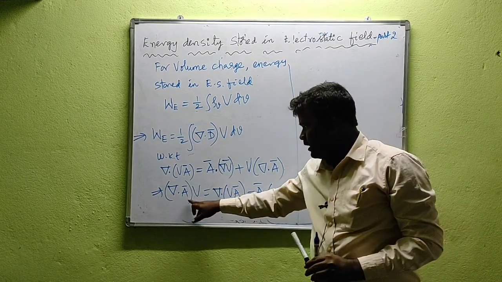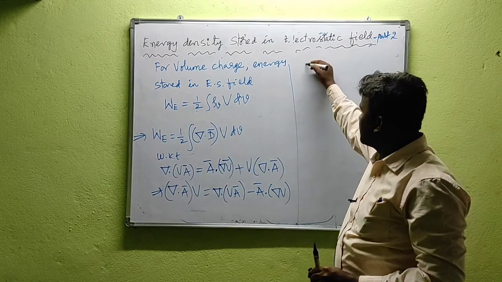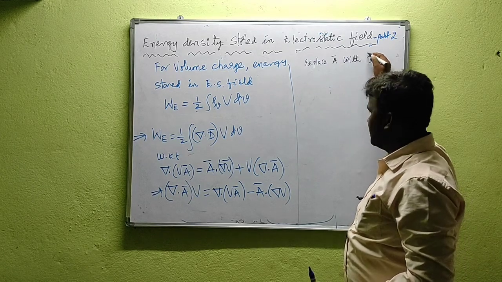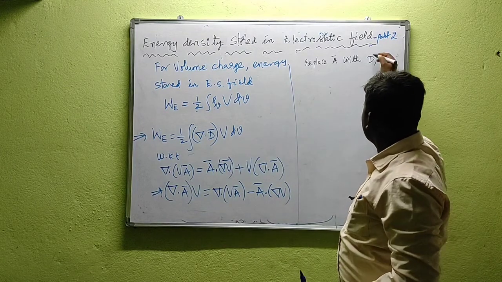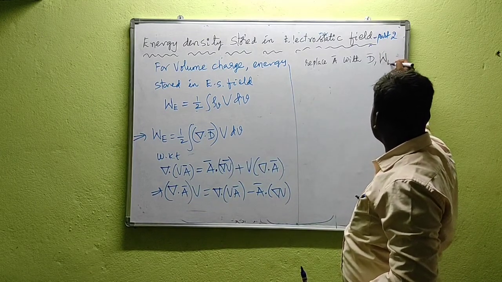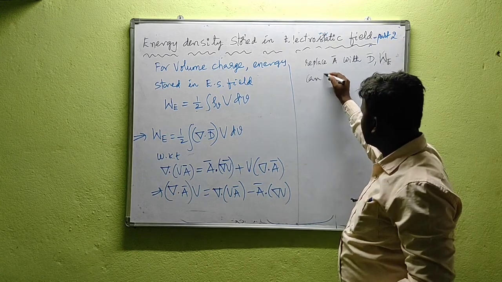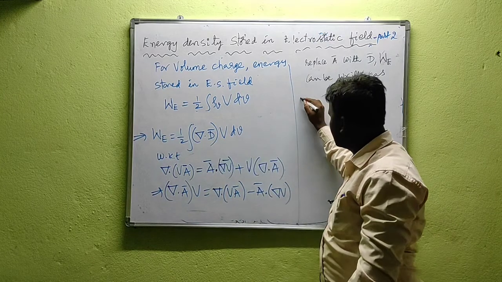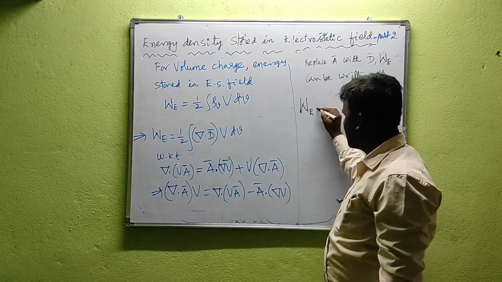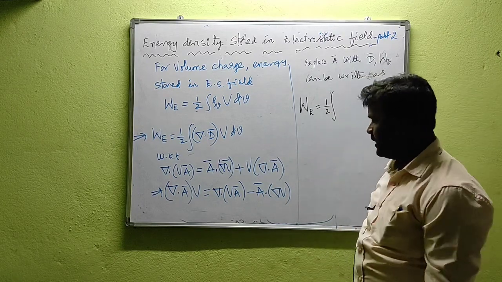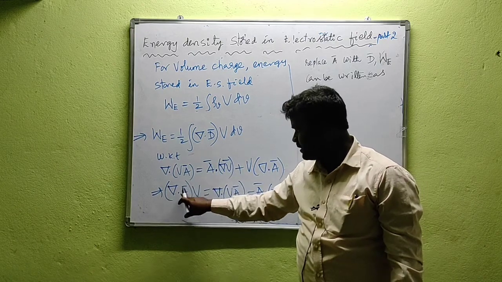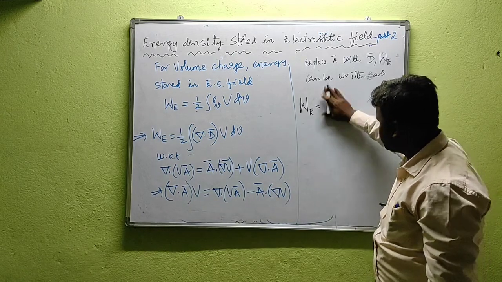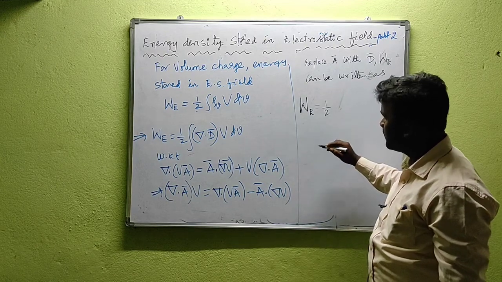Now replace A with D. Then the energy stored in electrostatic field, W_E, is equal to 1 by 2 integral.